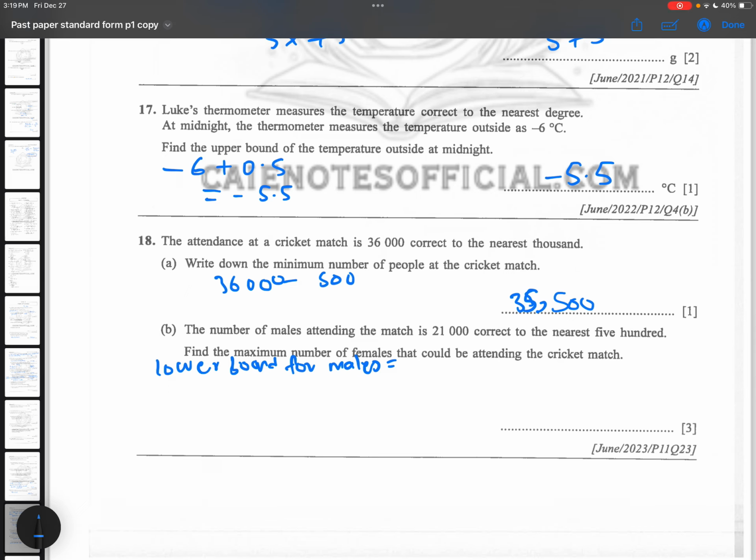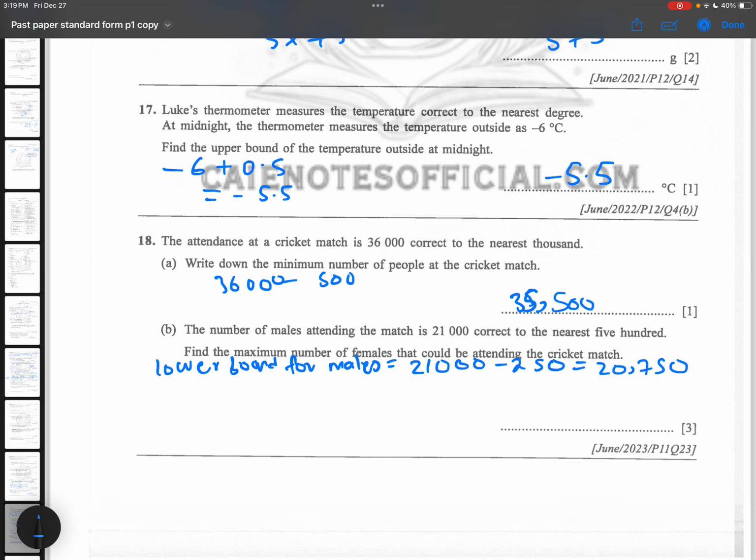The males are 21,000, correct to 500, so I will subtract 250 from 21,000. I will get 20,750.